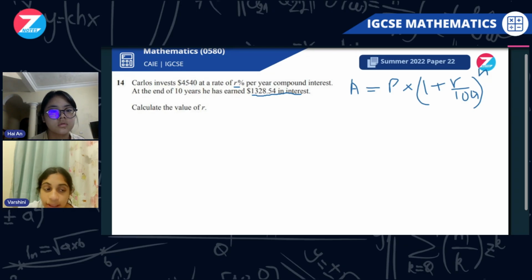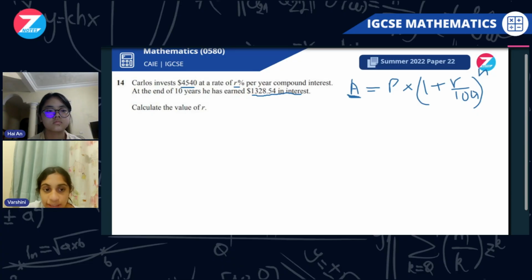But here it says that he's earned 1328.54 in interest. So that means his total amount isn't 1328.54, but his interest is 1328.54. So this amount over here that we're getting is going to be the initial amount he invests plus the interest.